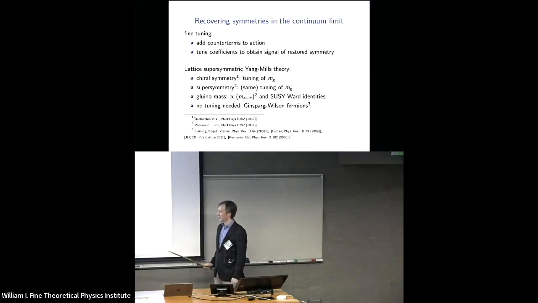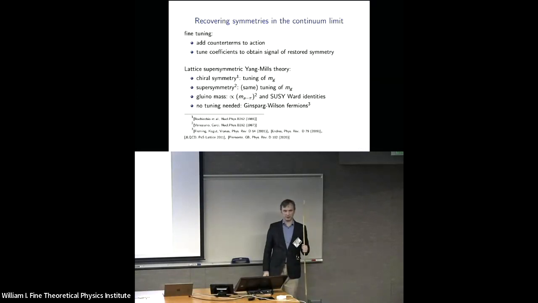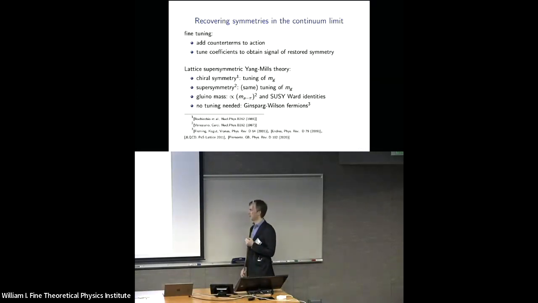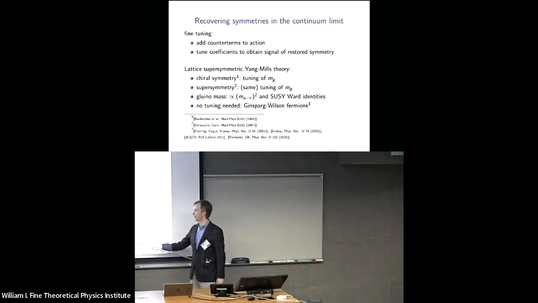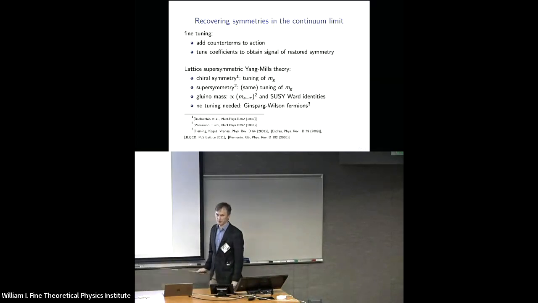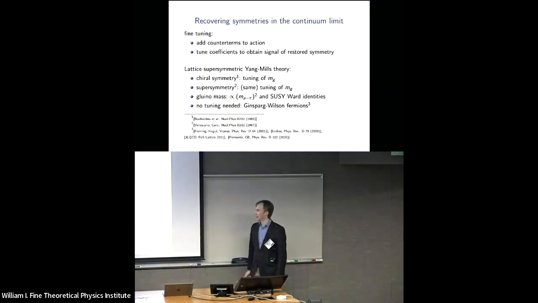But what we have seen is that you can use a kind of signal which corresponds to an adjoint pion mass. It's a counterpart to what would be the pion in QCD, and tune according to this. But we later checked also that this is consistent with supersymmetric Ward identities.